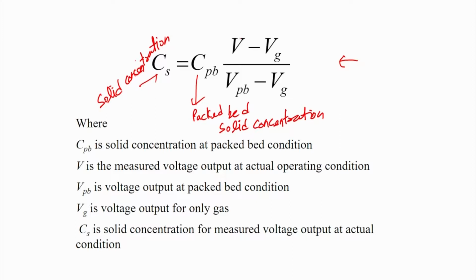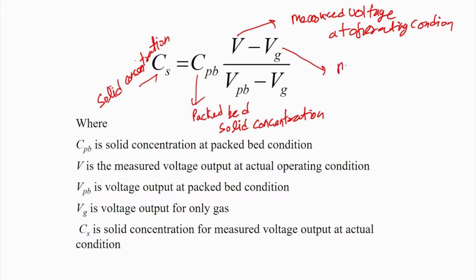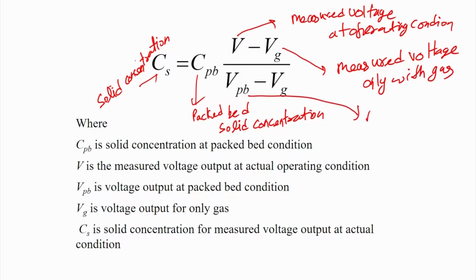V is the measured voltage at operating condition, and Vg is the measured voltage once only gas was flowing, that is, the measured voltage with only gas, and Vpb is the measured voltage with only the packed bed.